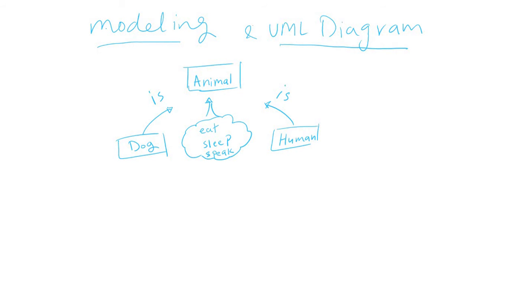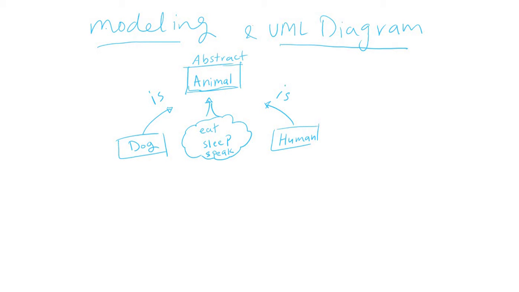So let's talk about this example, and I will also tell you why these models are important. Imagine that you have a class of animals, and this class of animals is an abstract level of all the animals or beings living on the earth.